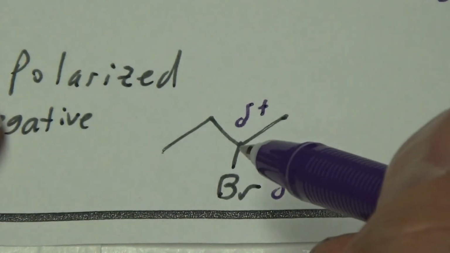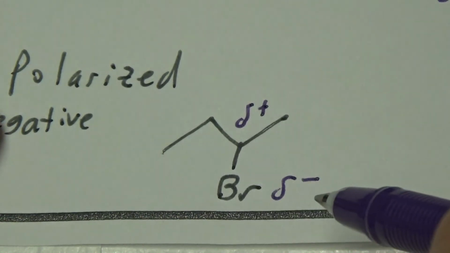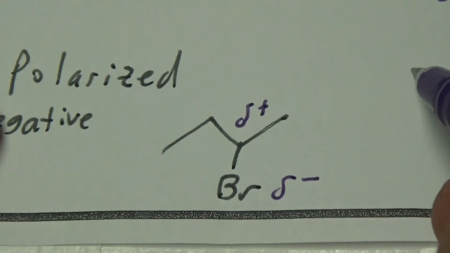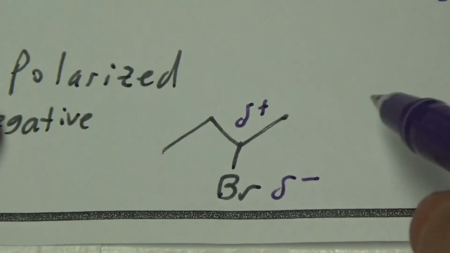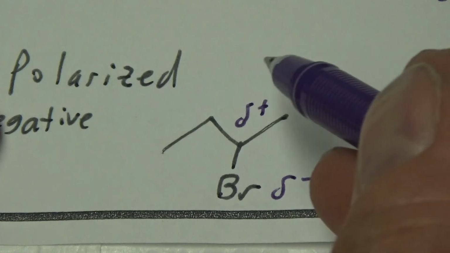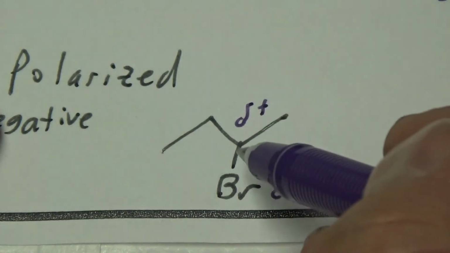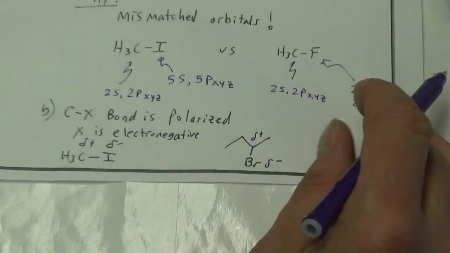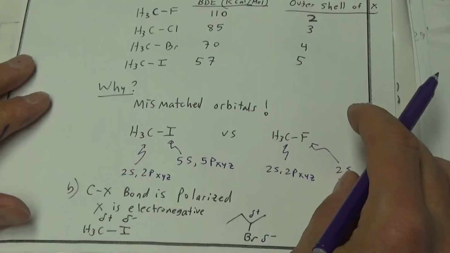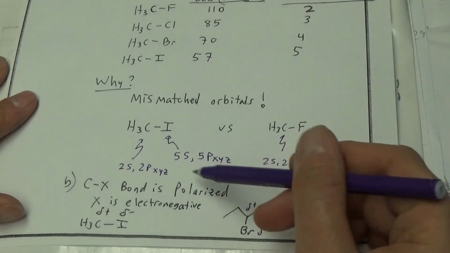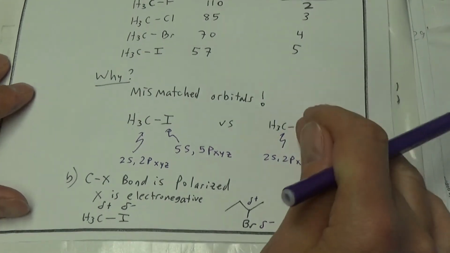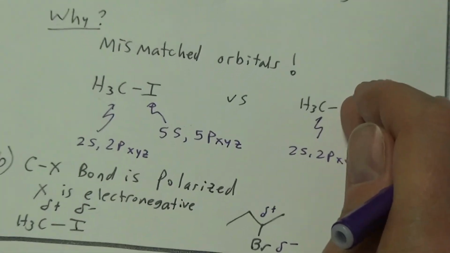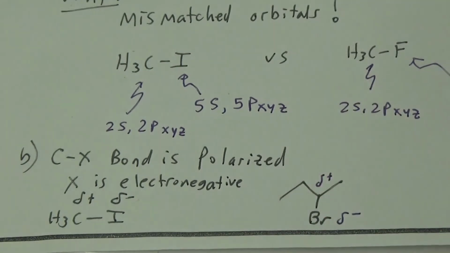That carbon there is delta positive, and the bromine is delta negative. And what we're going to see is other negatively charged molecules will come and attack and break this off. That's what we're going to lead to in a bit. All right. So yes, the C-X bonds are polarized, and that leads to reactivity. Some interesting reactivity. Okay.